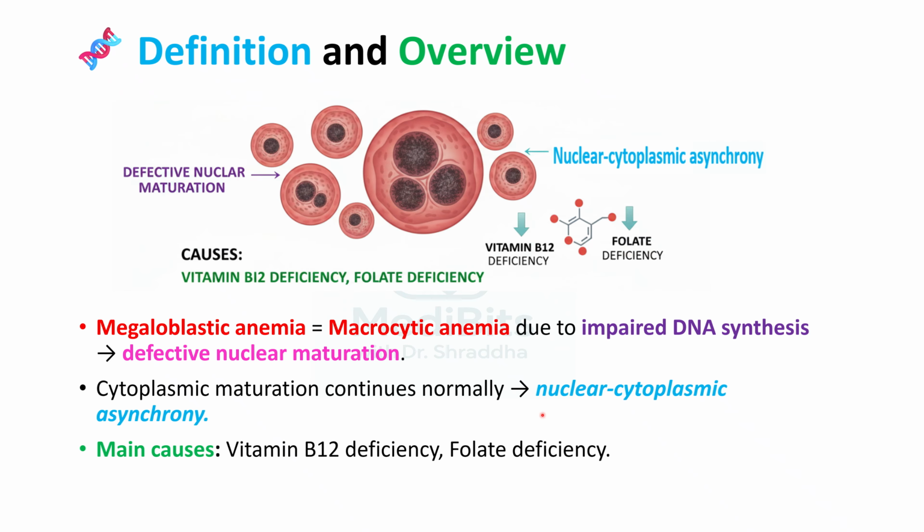This mismatch or nuclear cytoplasmic asynchrony leads to large immature cells called megaloblasts in the bone marrow. And the two main culprits are vitamin B12 deficiency and folate deficiency. Both vitamins are crucial for DNA replication and cell division, especially in rapidly dividing cells like those in bone marrow.